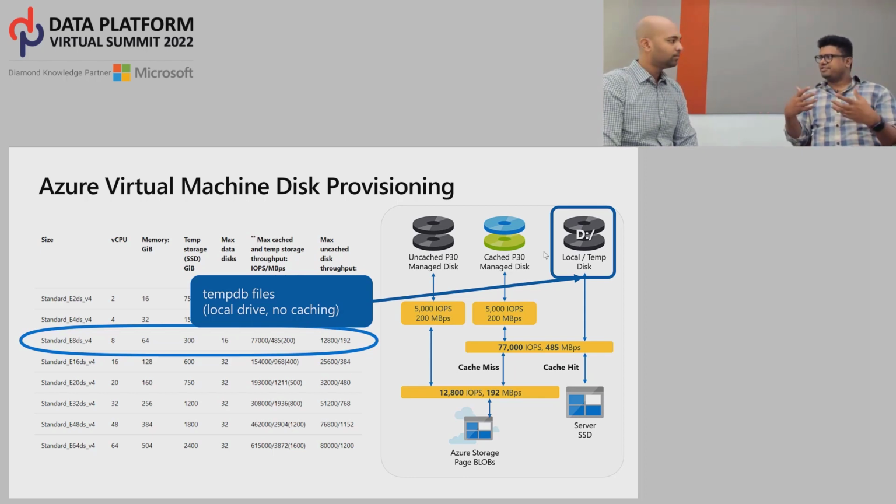The local drive itself is pretty fast. And why do we keep TempDB on the local drive? The basic reason is it's an ephemeral disk, which essentially means that whenever the VM gets restarted, we move that VM from one host to another host. And this local disk is attached to the host, not to the VM.